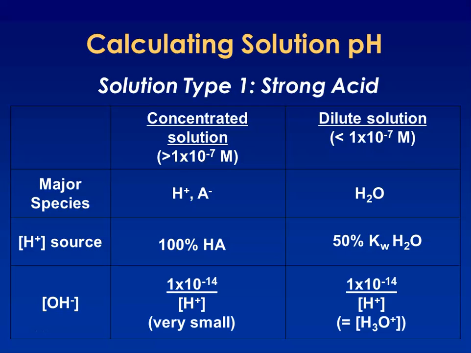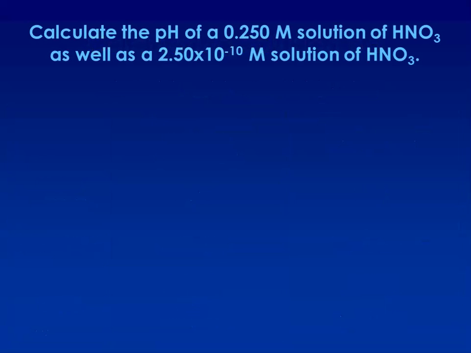Half of water is hydrogen, half of water is hydroxide. So you would have in a dilute solution, because it would be neutral, equal amounts of the hydrogen and hydroxide ions. So we're going to look at a concentrated strong acid solution, the 0.250 molar HNO3, as well as a diluted solution, 2.50 times 10 to the negative 10th molar.